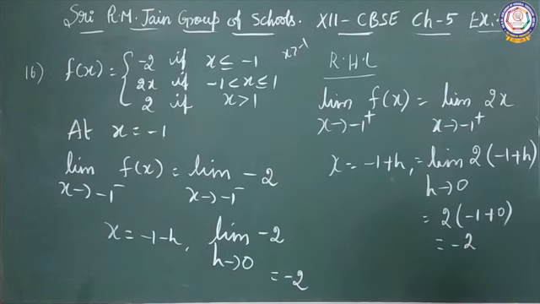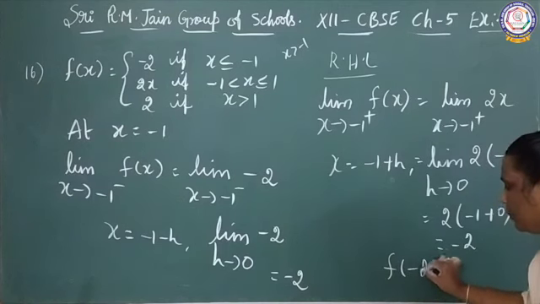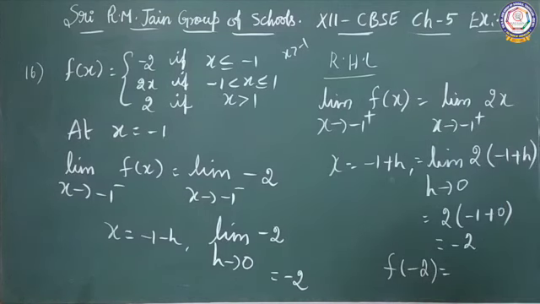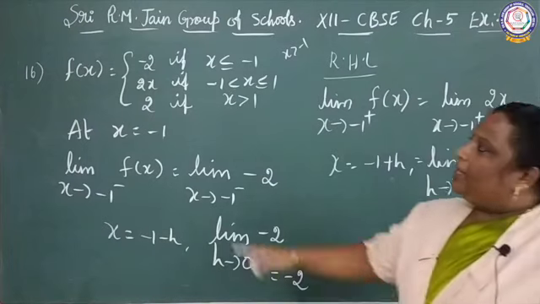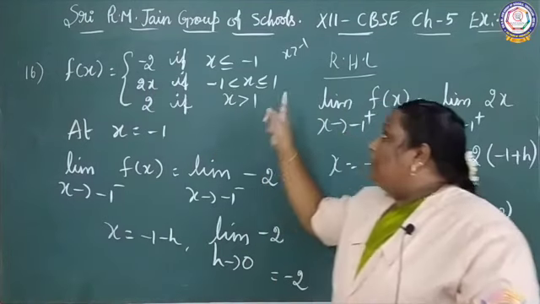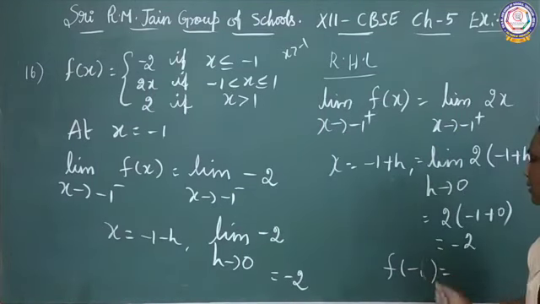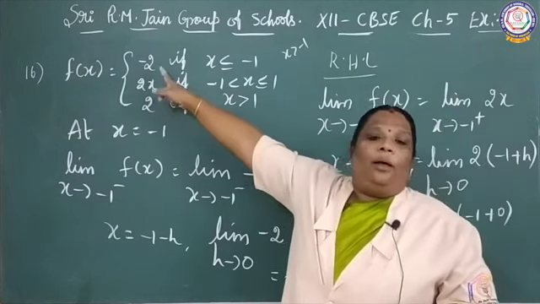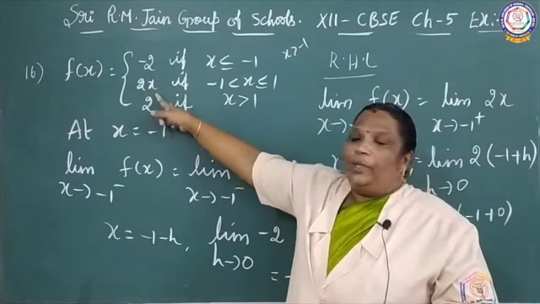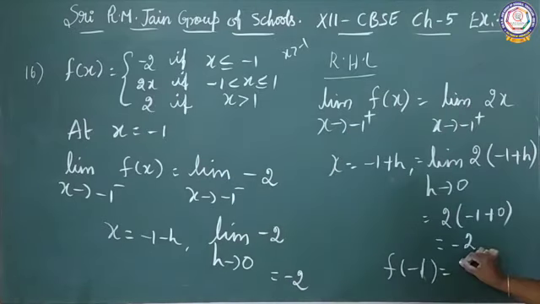Now you will check f of x also. What is f of minus 1? f of minus 1 is minus 2. Here also, 2 into minus 1 is minus 2.